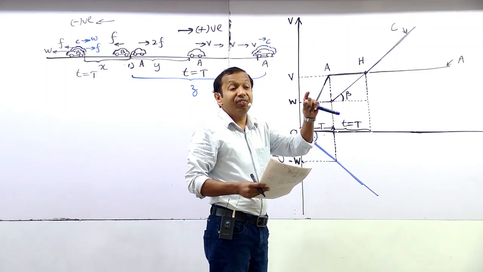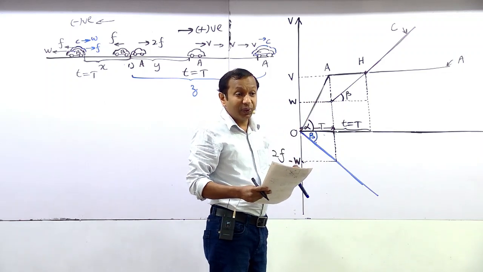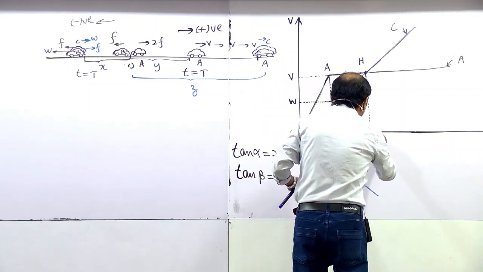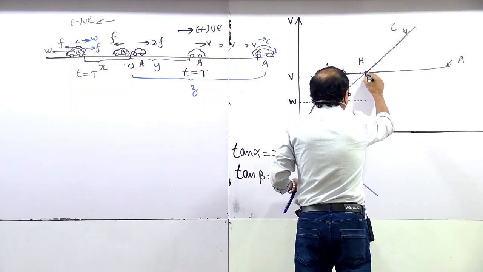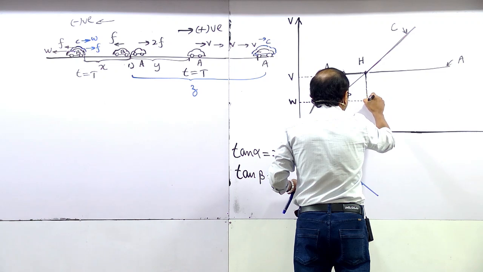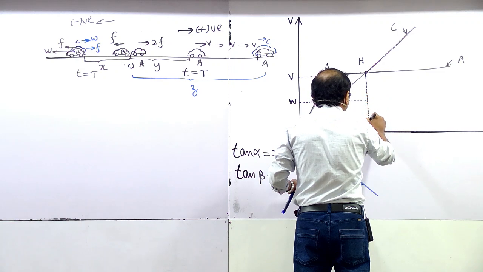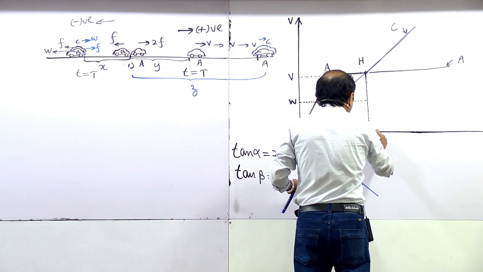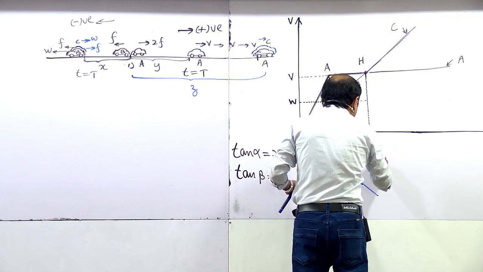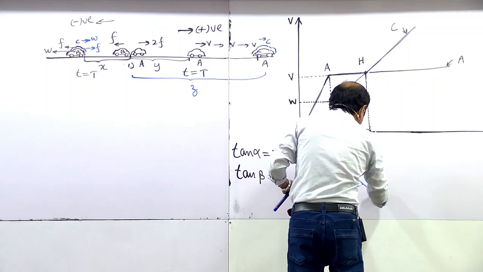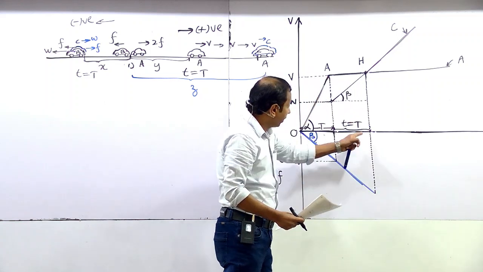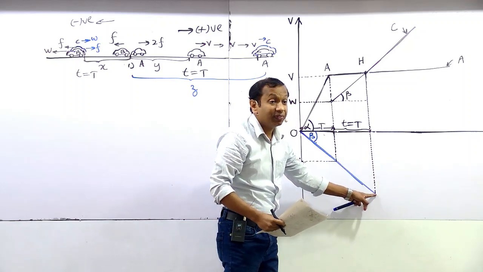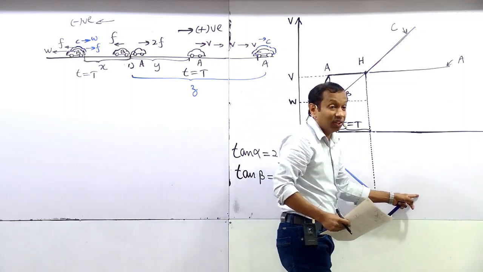The moment the velocities of A and C become equal. Then time 2t is this. Now, this is the time 2t. After this, what happens? Car B moves with constant velocity.